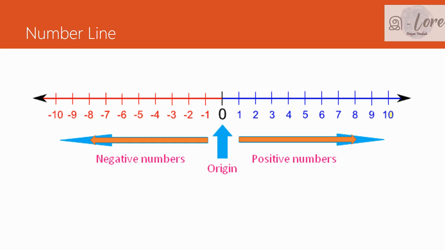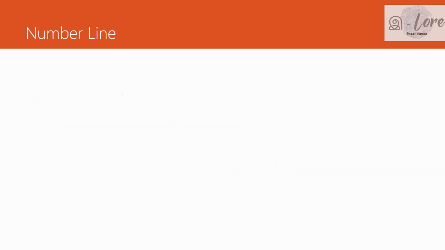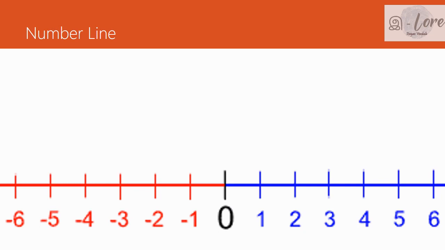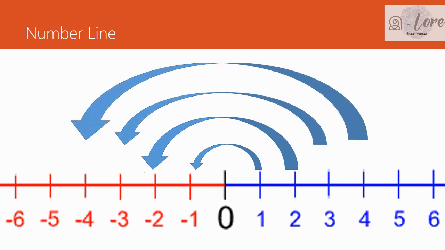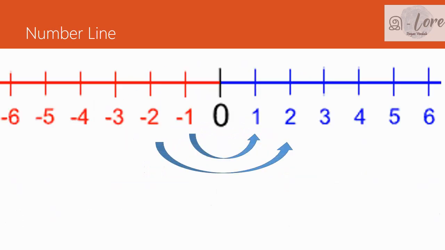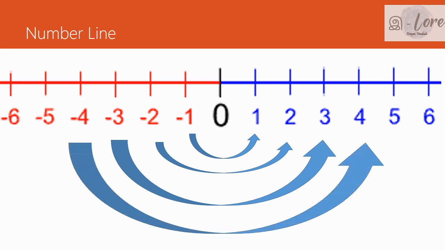So right is positive, left is negative. We can easily plot some integers like that, but how do we plot a number like 3 by 4 on the number line? Before that, we need to know an important point: except 0, all the numbers have corresponding integers. 1 corresponds to -1, 2 corresponds to -2, 3 corresponds to -3, 4 corresponds to -4. Similarly, negative numbers also have corresponding positive numbers.